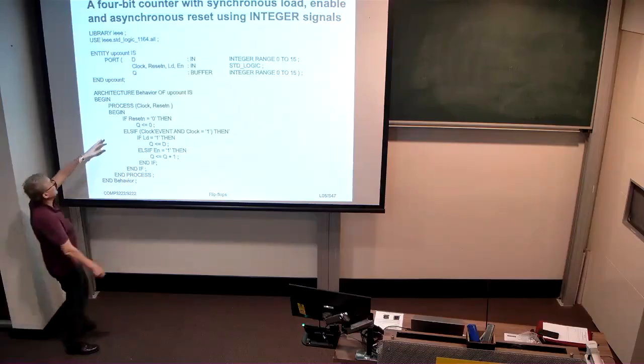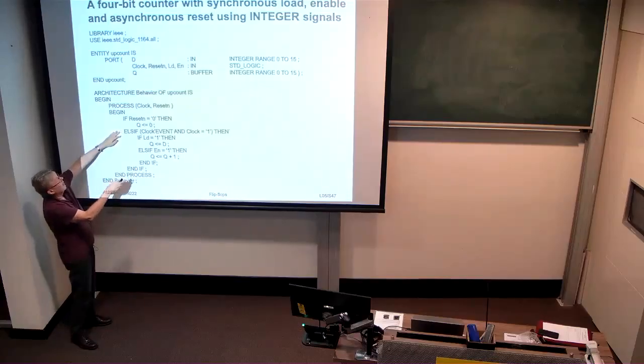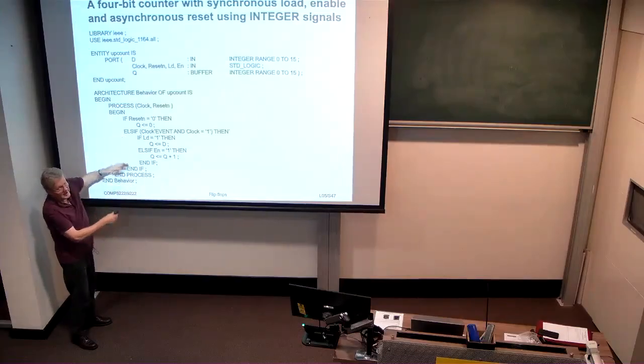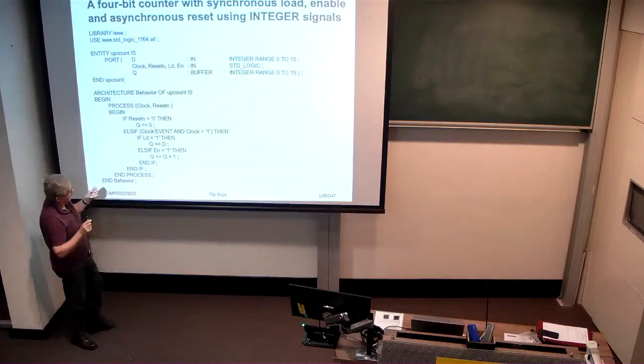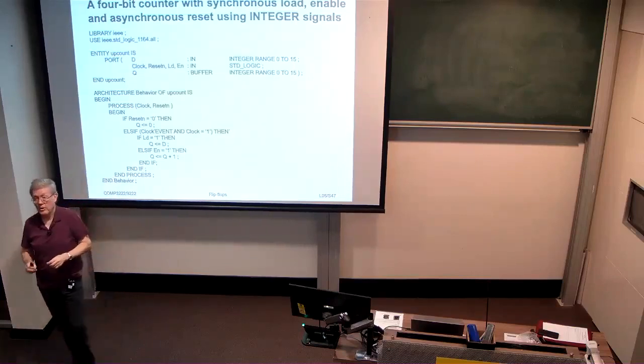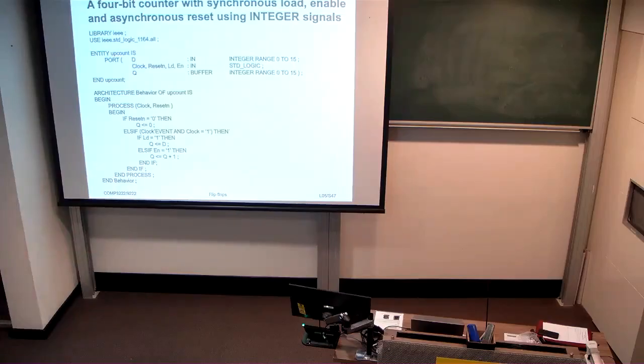Okay, so this is that design, synchronous load, synchronous enable, and asynchronous reset. So here's the asynchronous reset. This time we have declared Q as a buffer type signal, but the signal is of type integer, right? In this case, we need to specify what range we want that integer to work over. Otherwise, the synthesis tool doesn't know how many bits to assign to that integer.